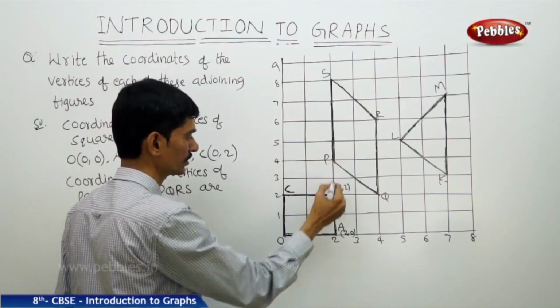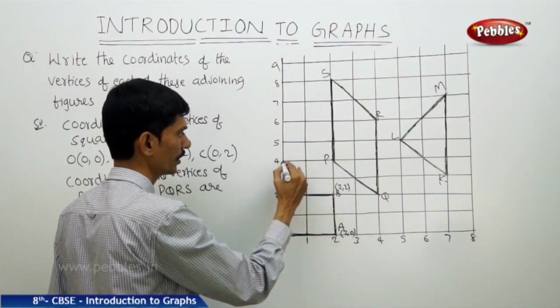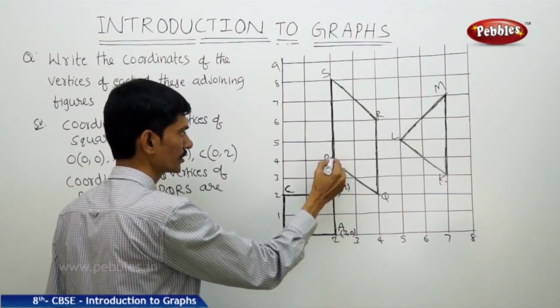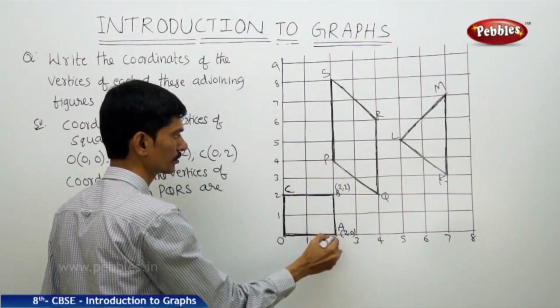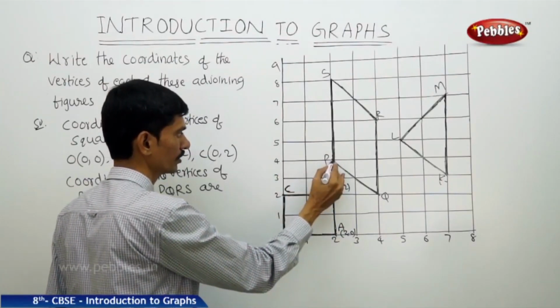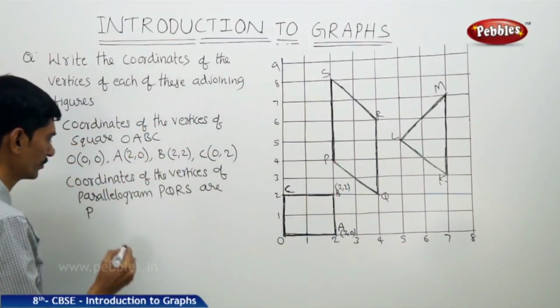P coordinates are (2, 4). It is lying on the vertical line 2 and the horizontal line 4. So its coordinates are (2, 4).